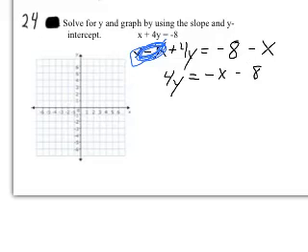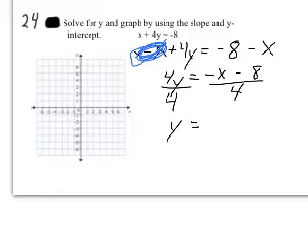And to get just y, divide by 4. So we have y equals, and now this 4, just like when we do distribution, that 4 has got to divide into both that and that, both into the negative x and into the negative 8. So let's do it. We get a negative x over 4 and a negative 8 over 4.